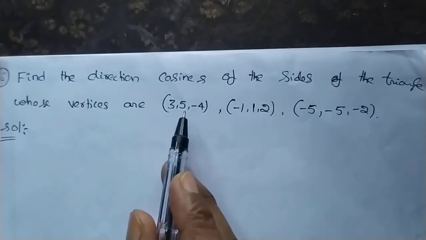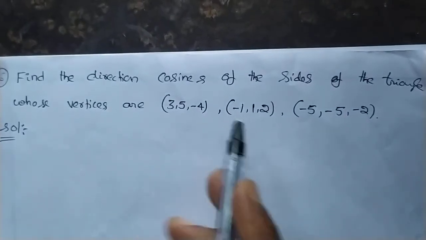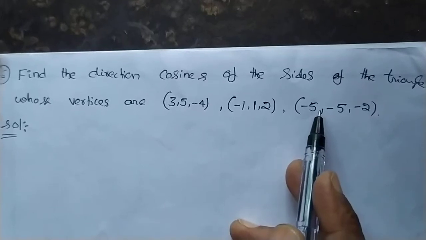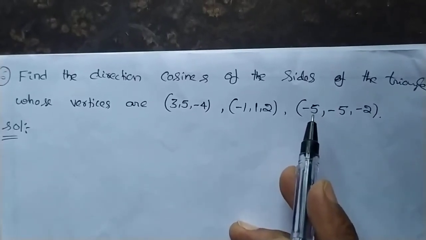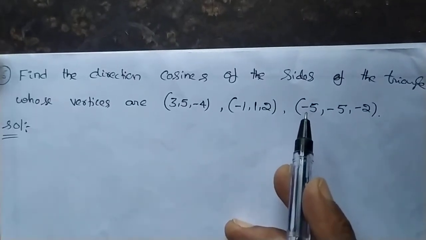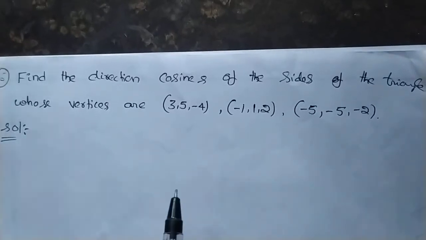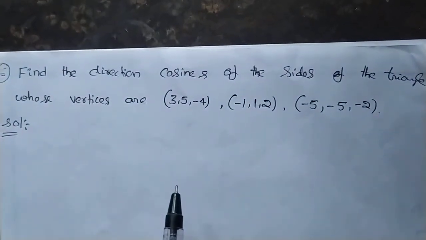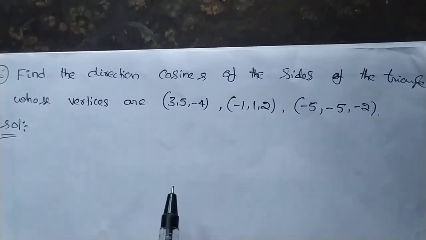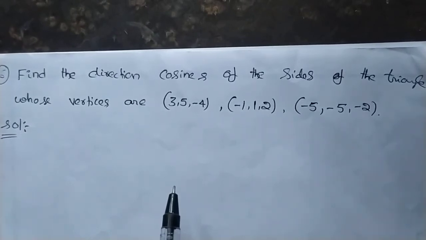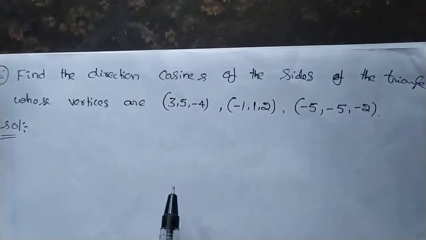Vertices are given, first vertex, second one and the third one. In our previous class we discussed and also solved some problems based on finding the direction cosines of the vector joining 2 points, right?